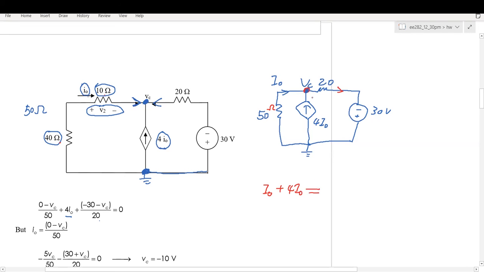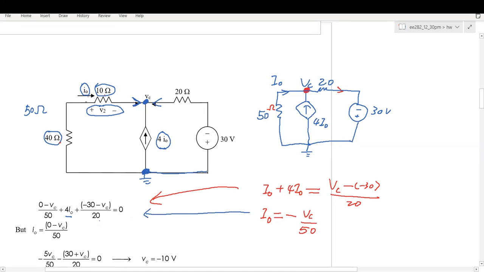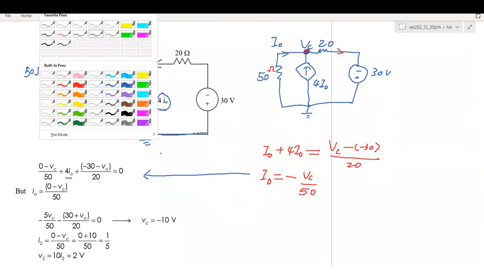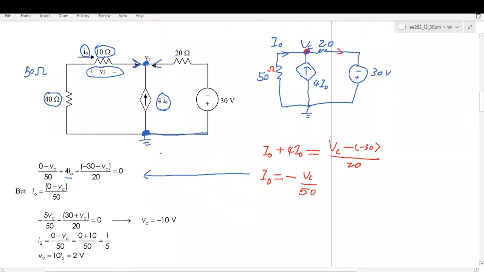Current flow out in this case equals VC minus 30, divided by 20. And I0 equals negative VC divided by 50. And this is exactly the equation we obtained. After we obtain VC, we can obtain I0.